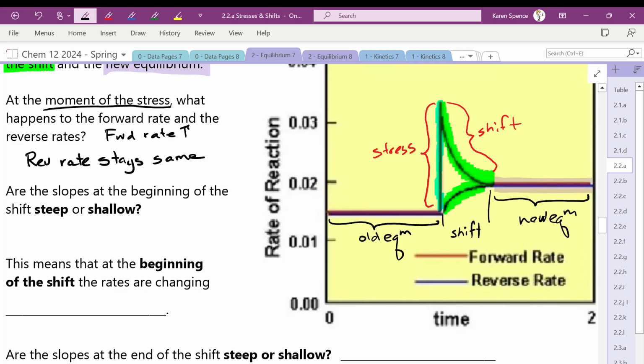Are the slopes at the beginning of the shift steep or shallow? Tell your partner.